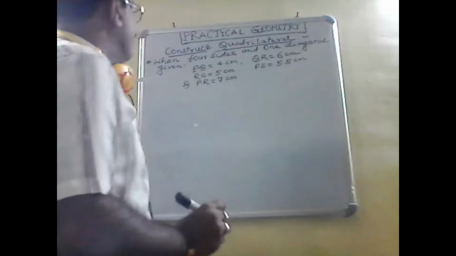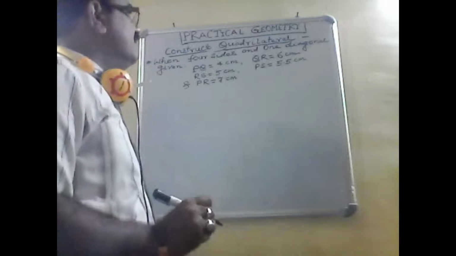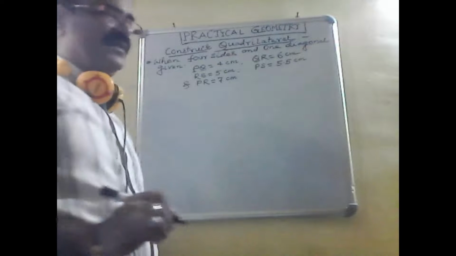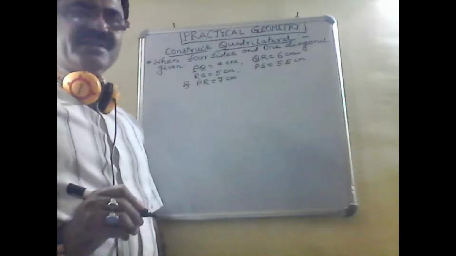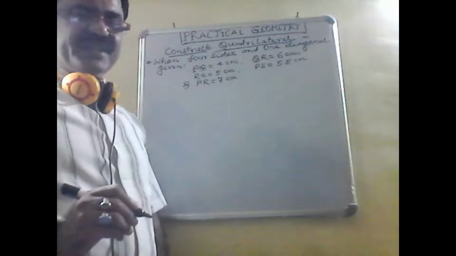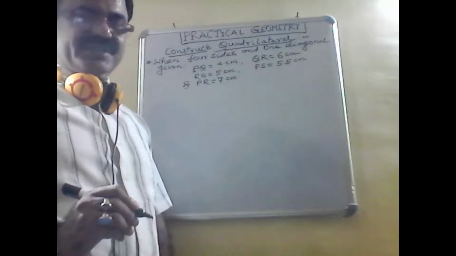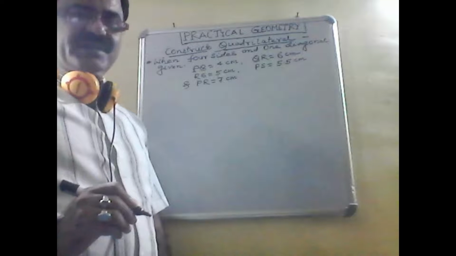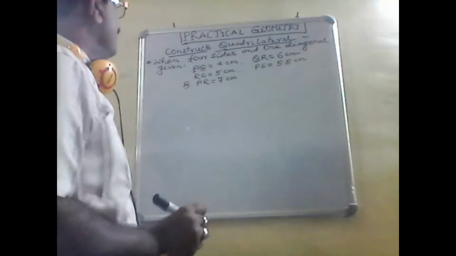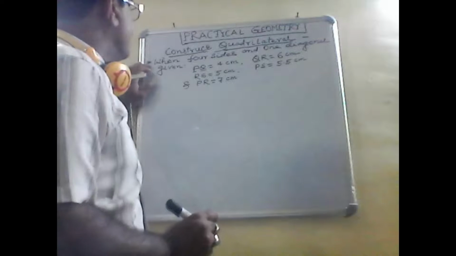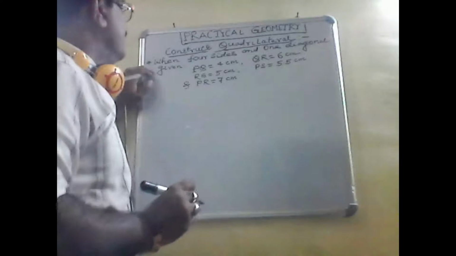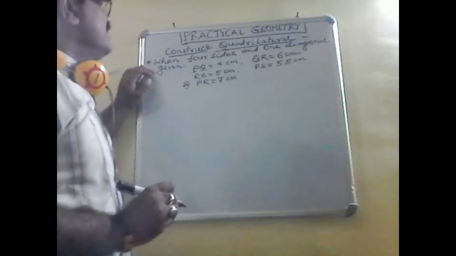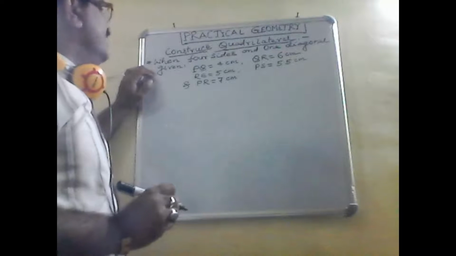So our target learning outcome in this chapter will be to construct quadrilaterals in different cases. The cases will be discussed one by one. In the first case, we have to construct when 4 sides and 1 diagonal are given.